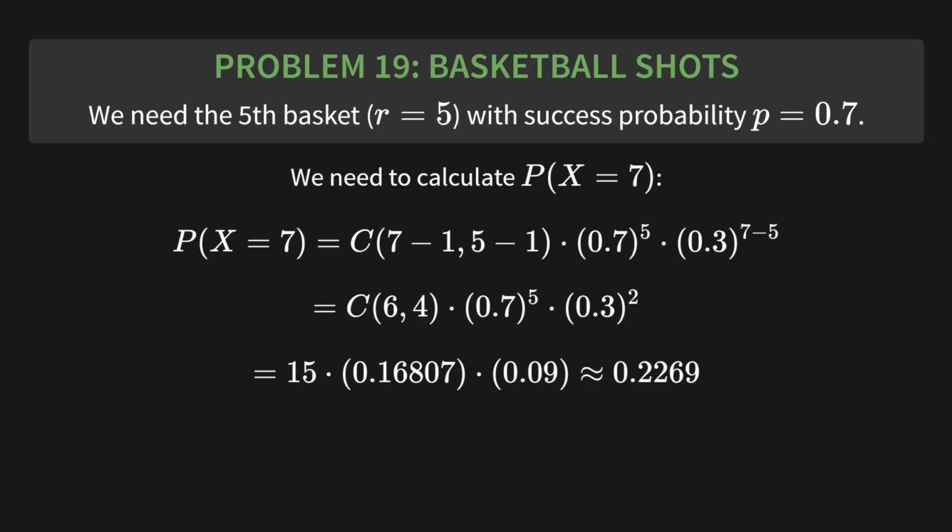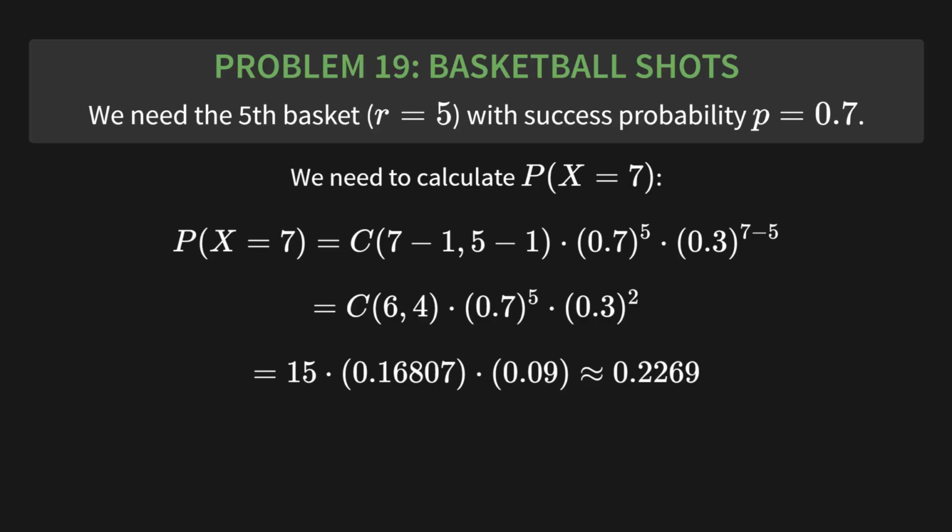That's 7 minus 1 choose 5 minus 1, times 0.7 to the fifth power, times 0.3 to the power of 7 minus 5. Let's simplify that. It becomes 6 choose 4 times 0.7 to the fifth times 0.3 squared.